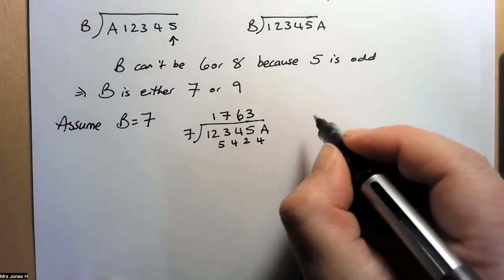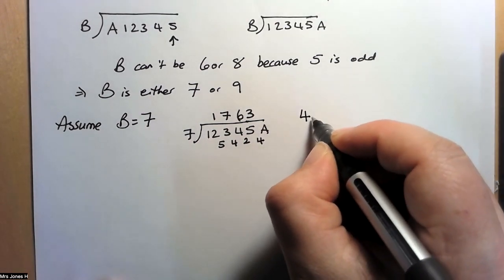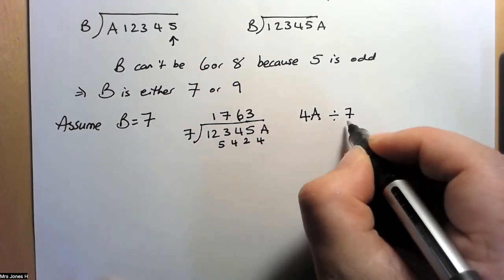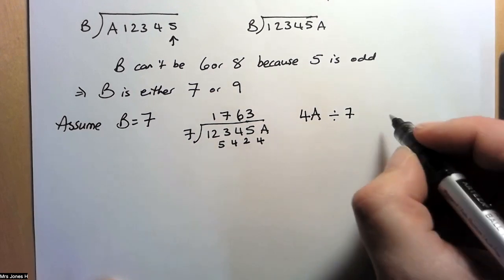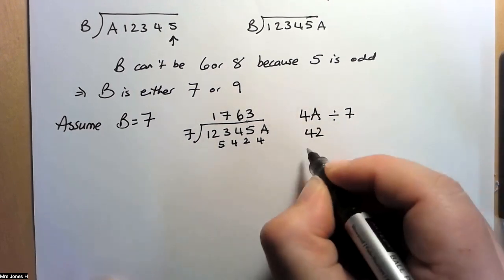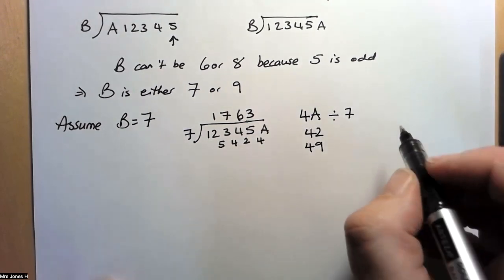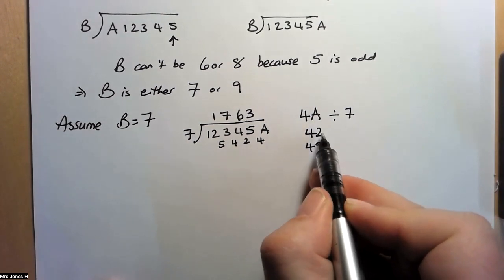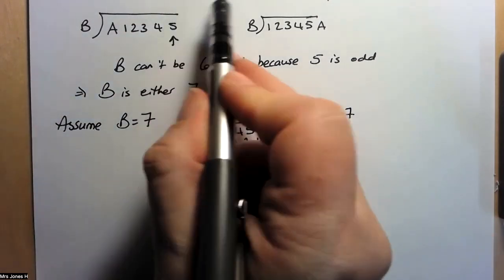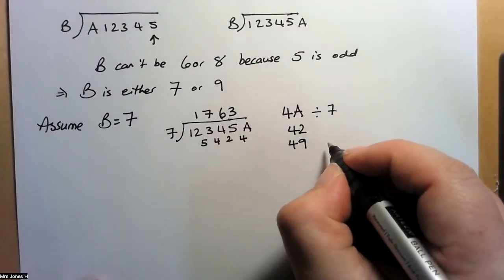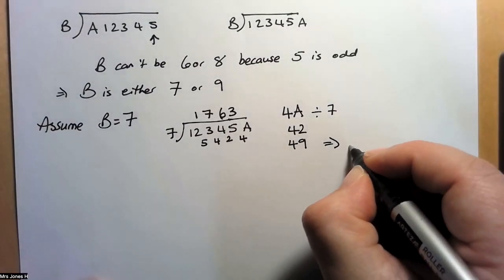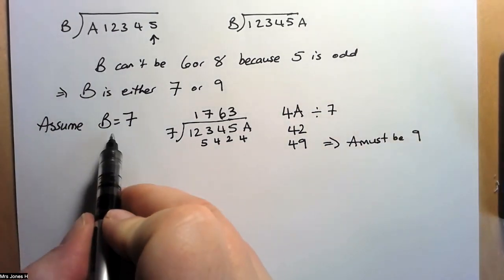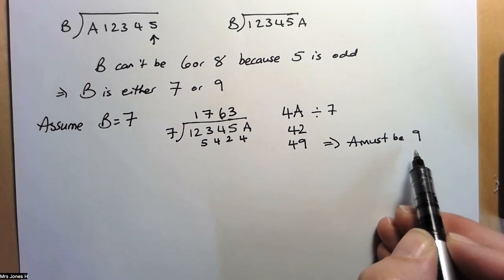So the number 4 and whatever that digit is needs to be divisible exactly by 7. So we're either looking at the number 42 or 49. It's not possible for A, which is this digit here, to be 2, because 2 is already taken. So therefore, A must be 9. So if B is 7, then A must be 9.